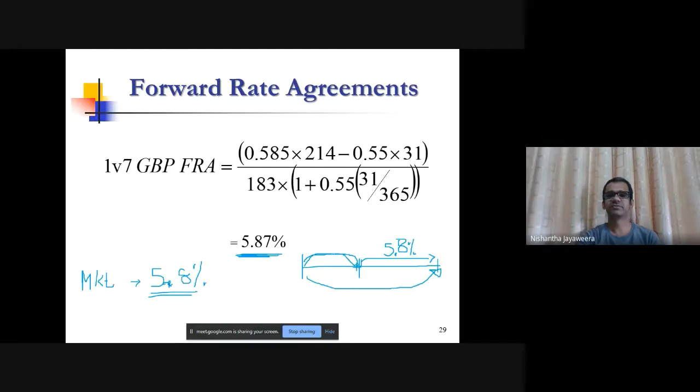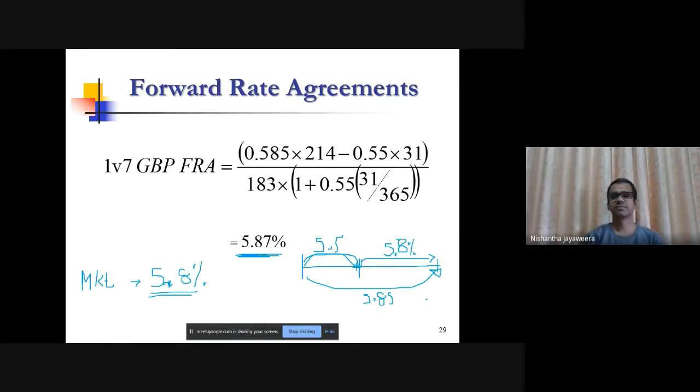The applicable rate here is 5.5. Here it is 5.85. Okay, think about what to do.